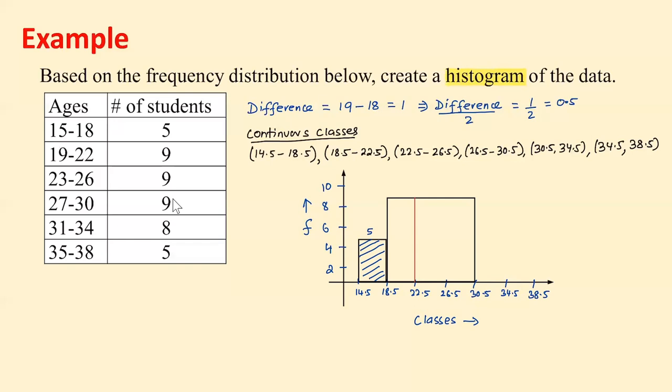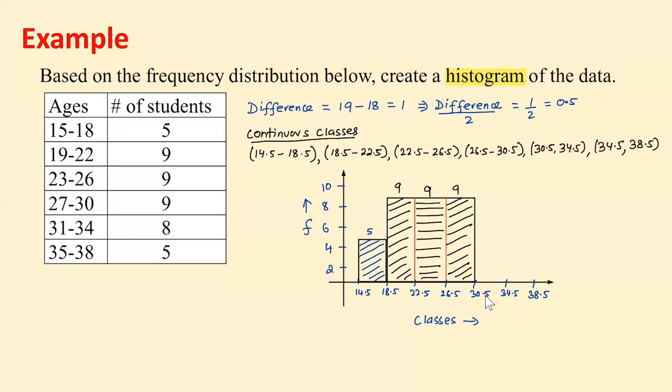And now these are the third and fourth class. So for all these, the frequency is 9. So for the class from 18.5 to 22.5, it is 9. For the class from 22.5 to 26.5, the frequency is 9. And also for this class, which is from 26.5 to 30.5, the frequency is 9.